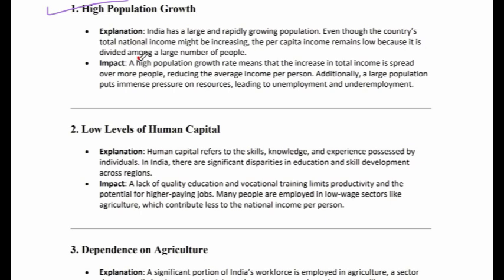ये कारण है कि जो टोटल इनकम है बहुत सारे लोगों में डिवाइड हो रहा है on an average. A high population growth rate means that the increase in total income is spread over more people, reducing the average income per person. ये कोई common sense है, mathematics है.